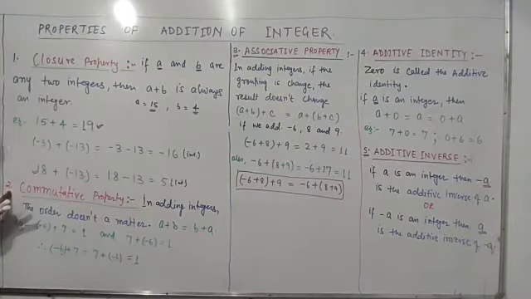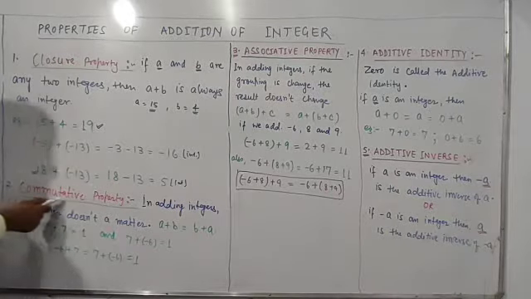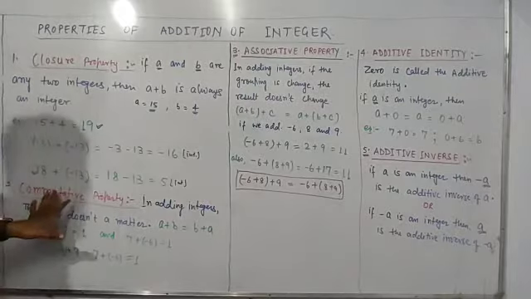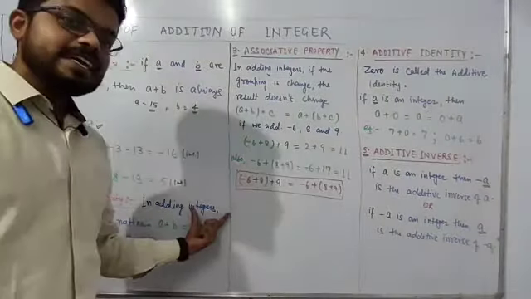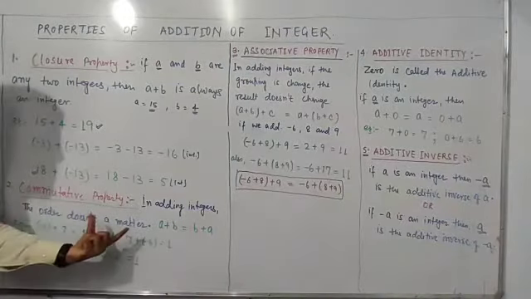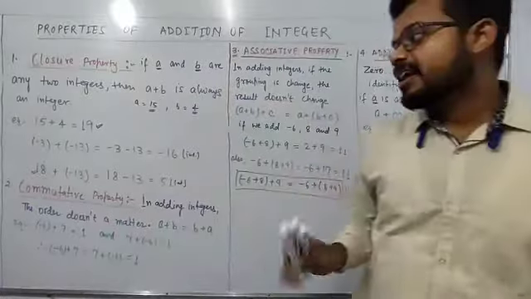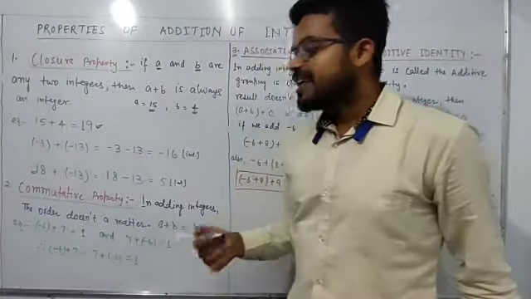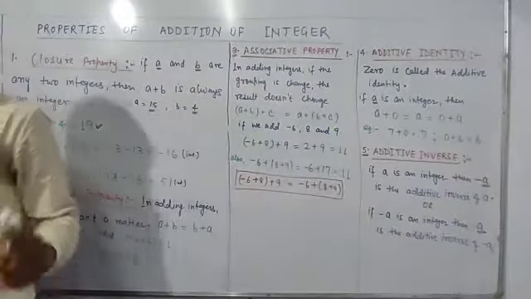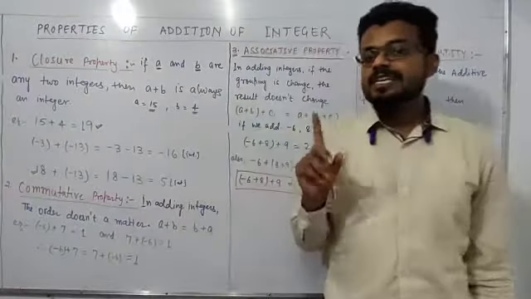Now the second property. What is the second property? The commutative property. According to the commutative property, if we add integers, the order doesn't matter. For example, if we have two values, 5 and 4, then 5 plus 4 is 9.